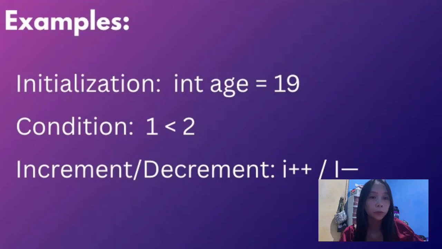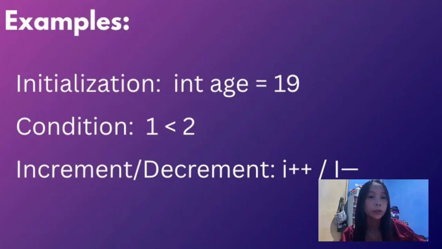Before we proceed to the code example, I will first give you an example so you can better understand initialization, condition, increment, and decrement. So let's start with initialization. Just like I said earlier, initialization has three components. First is data type, second is variable, third is value.